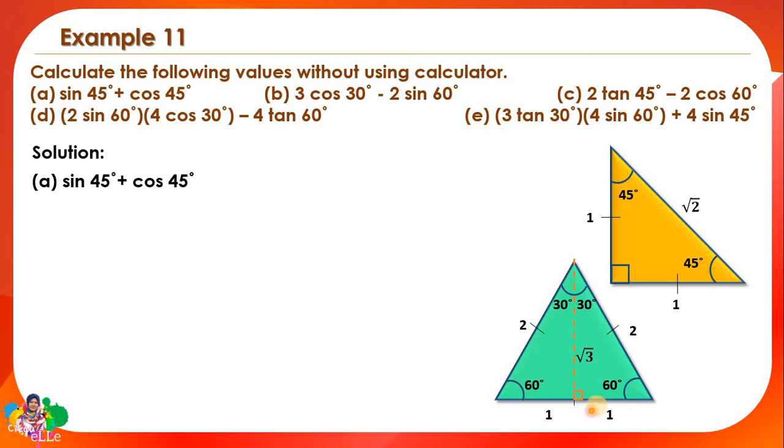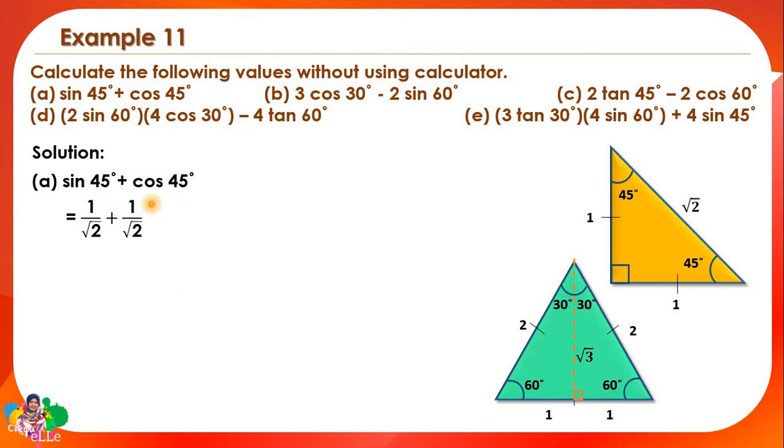Use this triangle. Sine is opposite over hypotenuse. So sine 45 is 1 over square root 2. Cos 45 is adjacent over hypotenuse, 1 over square root 2. So you know that sine 45 and cos 45 have the same value.